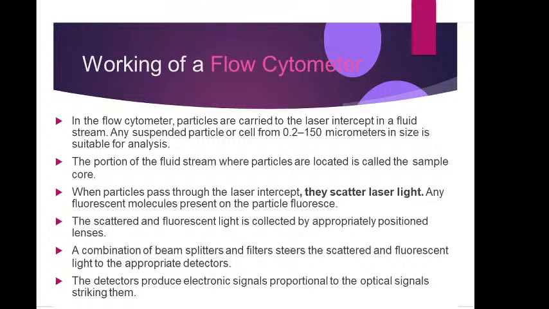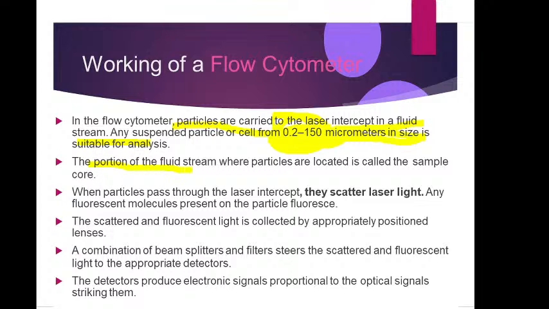In the flow cytometer, particles are carried to the laser intercept in a fluid stream. Any suspended particle or cell from 0.2 to 150 micrometers in size is suitable for analysis. So we will be able to take that much size of cells.